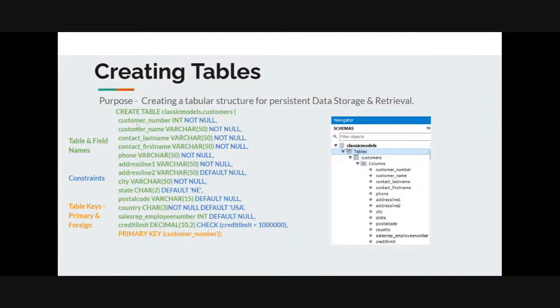And then you're telling it what are all the fields that we want in that table. So customer number, customer name, last and first name, phone numbers, and so forth. And then you can see I also highlighted in green the data types. Those are the data types that we learned last week. And these are some of the most popular ones.